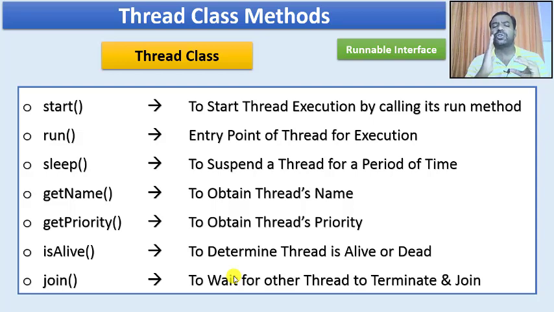This is a strong restriction in your Java program. A parent thread cannot be destroyed, or cannot die, or cannot go out of execution until its child or children threads have completed their execution.